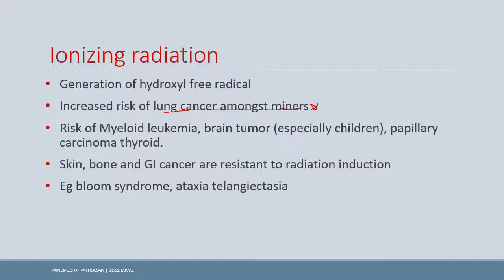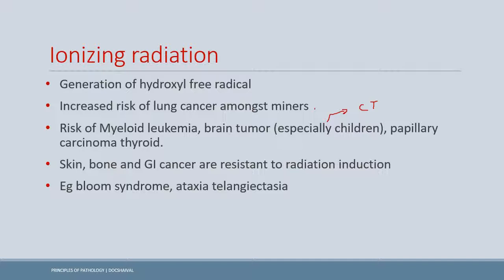Now the next one is the risk of myeloid leukemia, especially in children, and even papillary carcinoma of thyroid and brain tumors, from ionizing radiation. And this was thought to be because of the increased CT scans among children. So that is there.